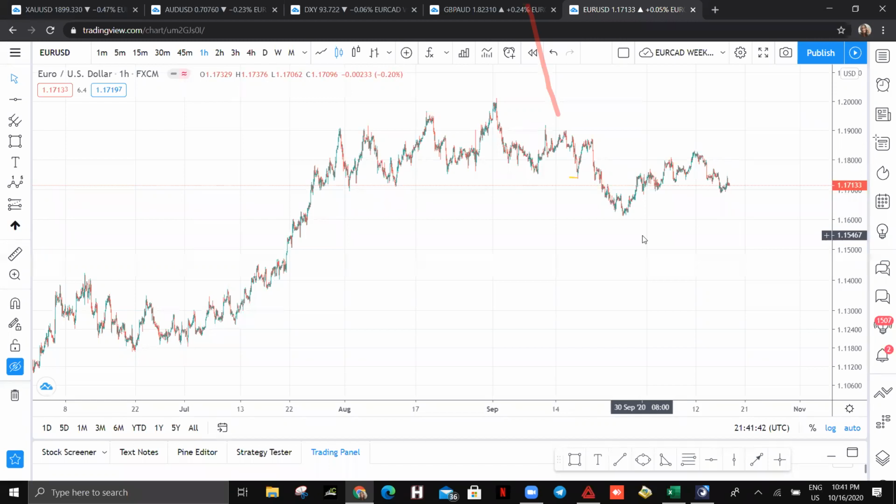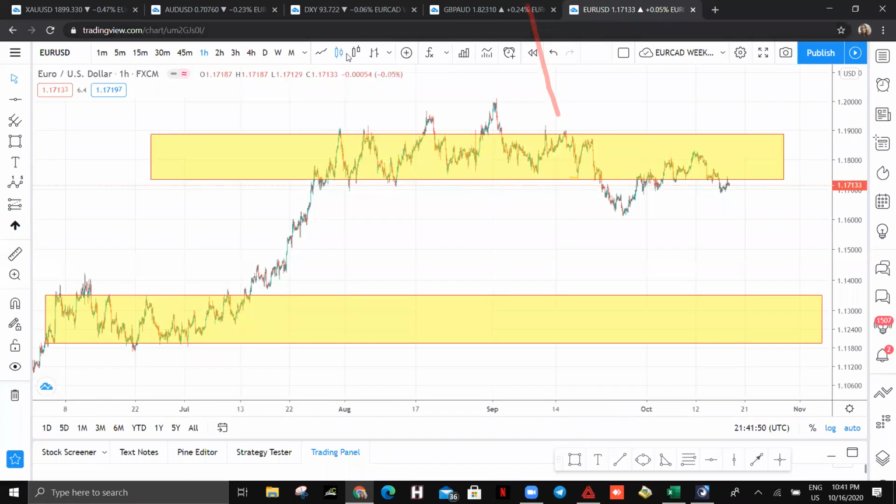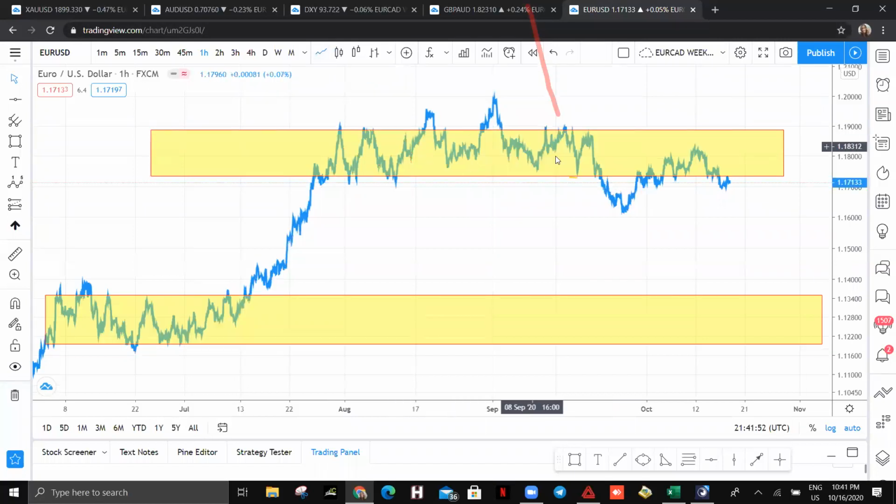So how can I identify that zone that something got broken out from? Is to draw my rectangle like I did, from the beginning of the pullback to the end of the pullback, then the drop happened. So you can see the drop happened here, and there was a retest here. So this retest on the zone will now give me a sell signal for me to enter.